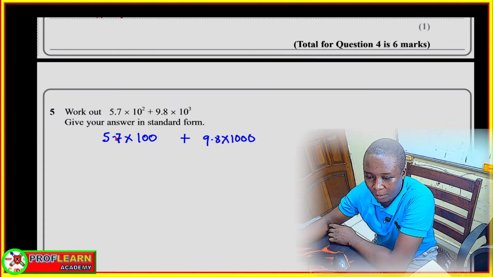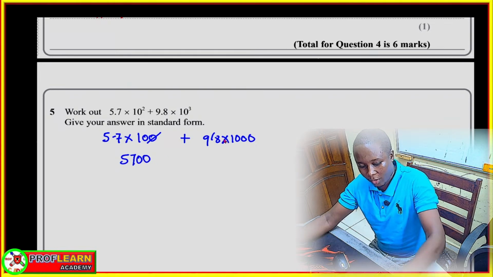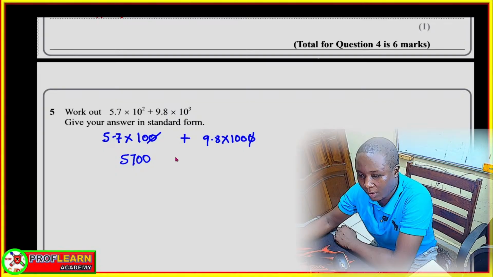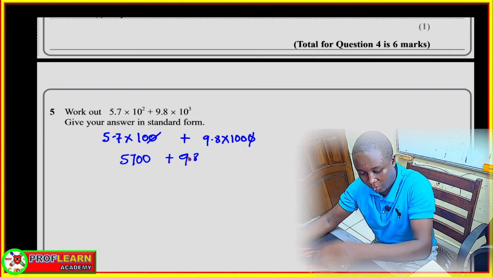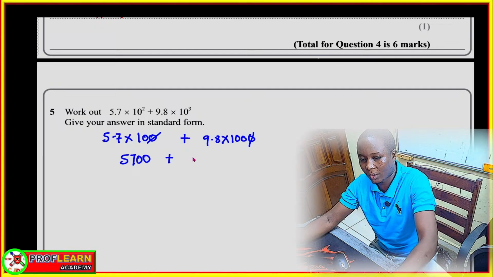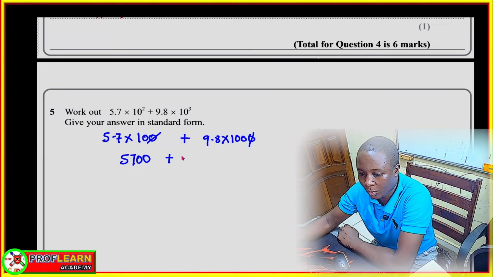Then since there is a decimal point here, you will cancel 1 0, so you will have 5700. Since there is a decimal point here, for you to move it here, you are going to do what? Cancel 1 0, because 1 0 cancels the decimal point, so we have 9800.